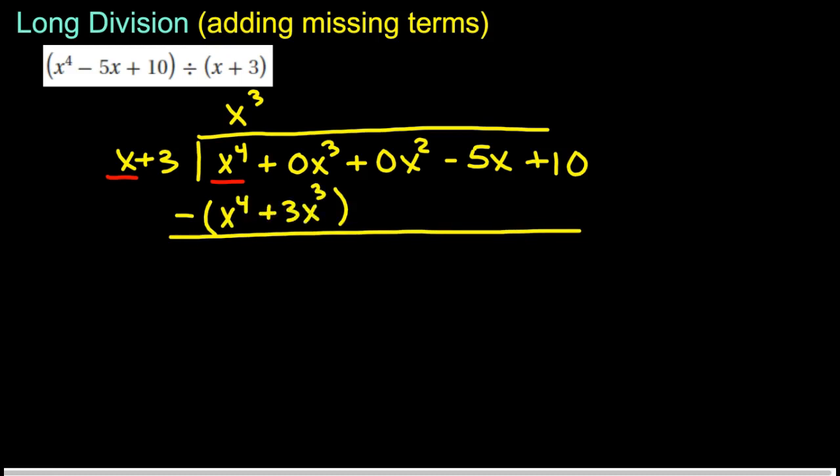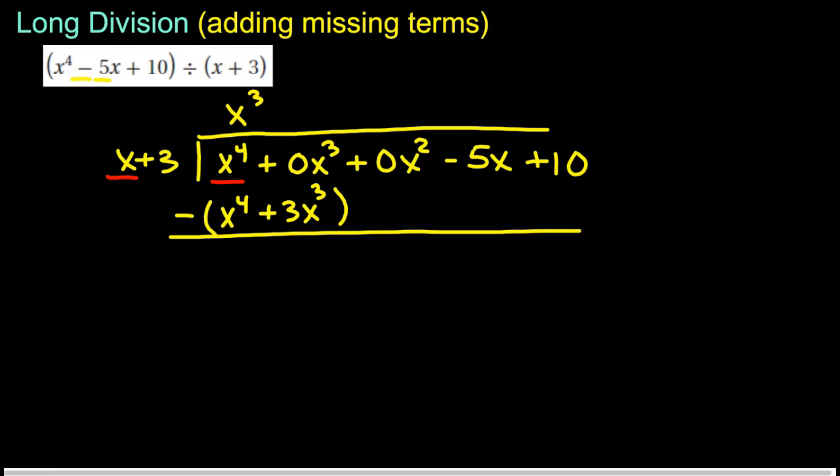When you're doing that, all the terms that you line up vertically should be like terms. I added it in because it's not present up here, right? So you have to add those terms in there. Adding missing terms.